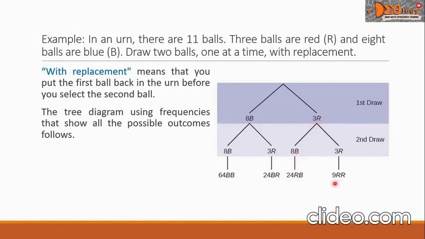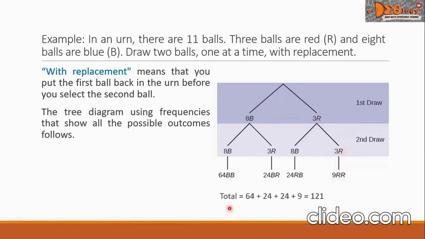Here we can see 9 RR, and this 9 comes from the product of 3 and 3. The RR means the first R comes from the red ball in the first draw and another R for the red ball in the second draw.